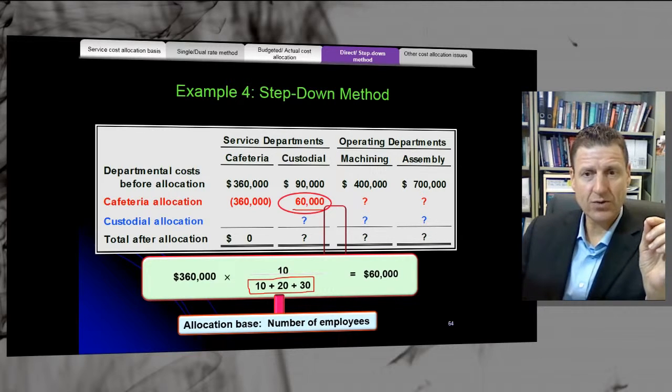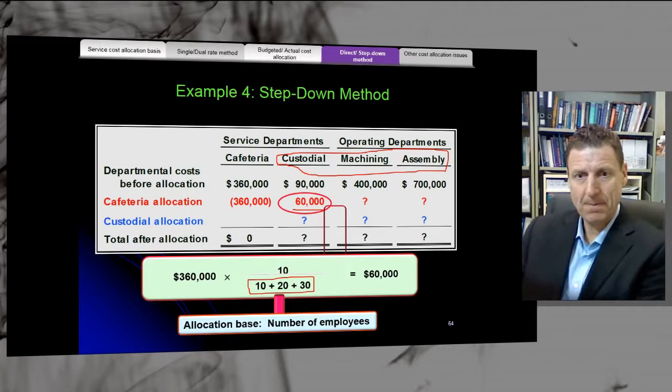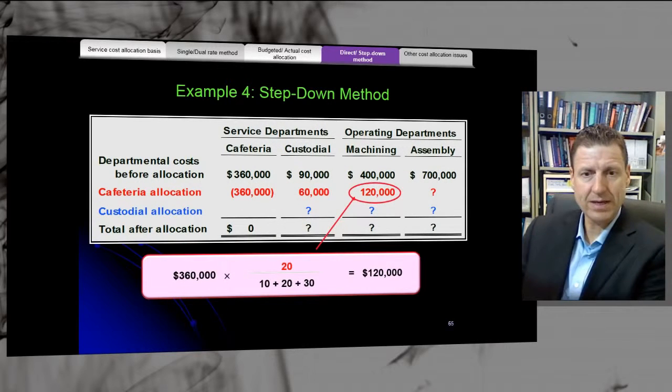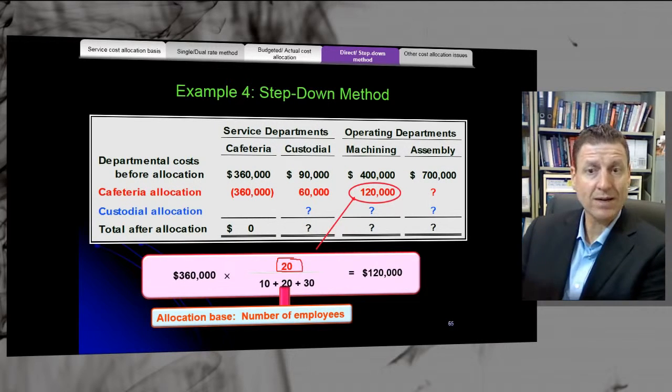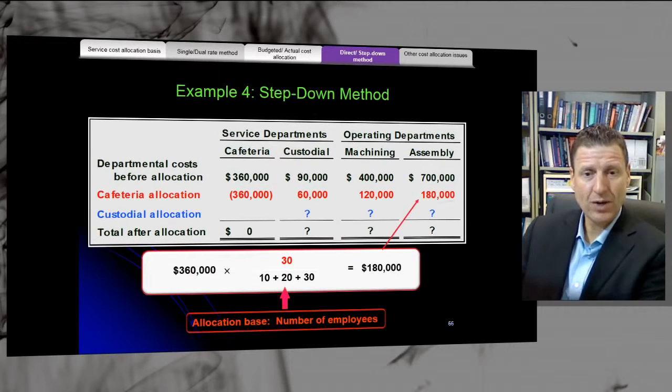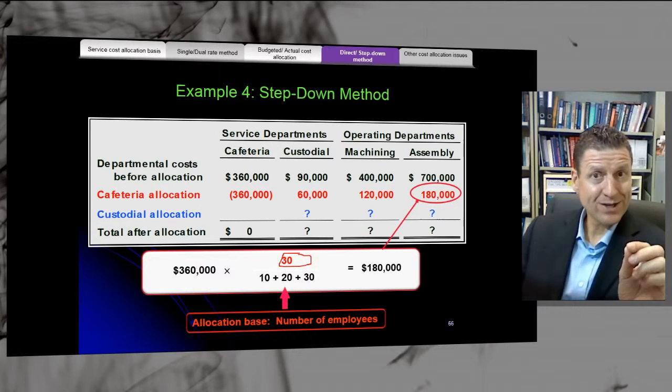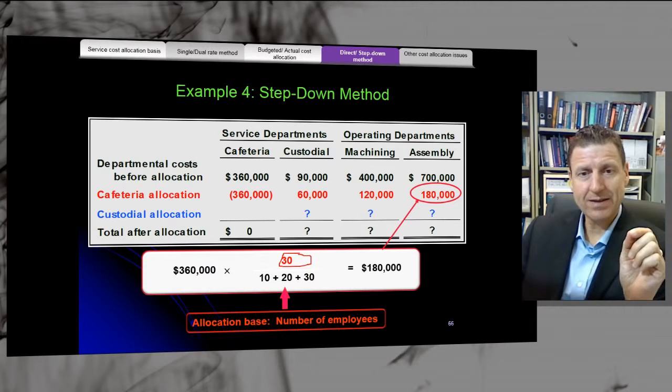That's 60 across machining, assembly and custodial. So 1/6 is 60,000. What about machining? They're going to get 2/6, which is 1/3, 120,000. What about assembly? They're going to get half, which is 3/6 of those 60 employees, 180,000.